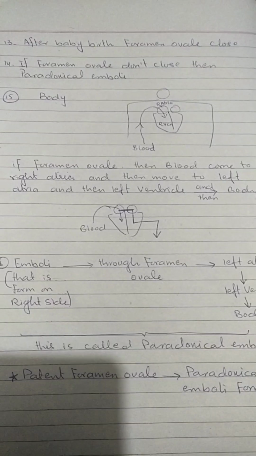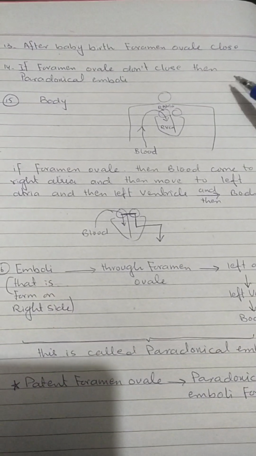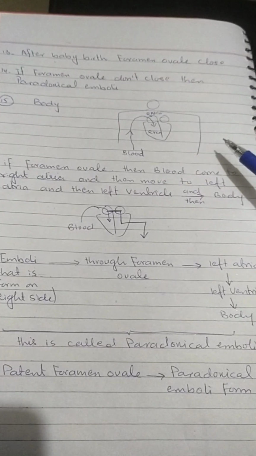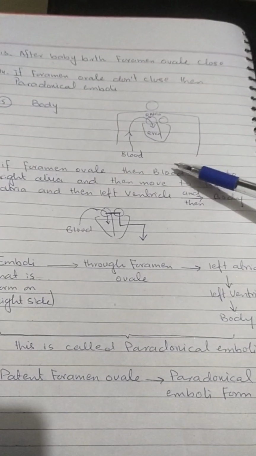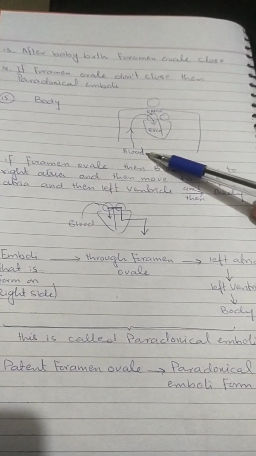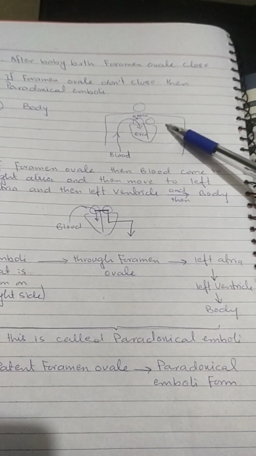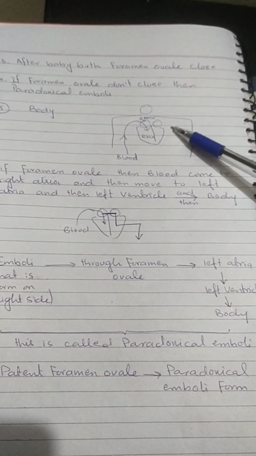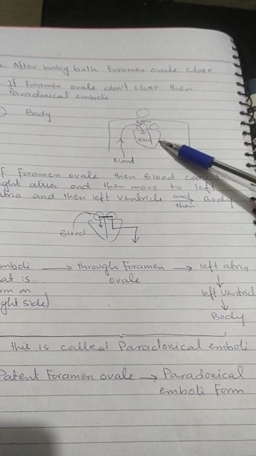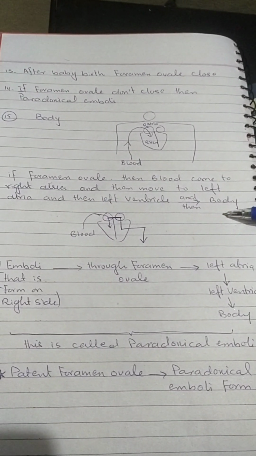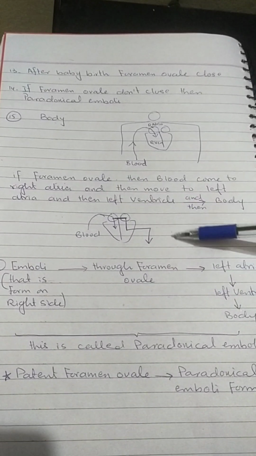After birth, the baby's foramen ovale closes. If the foramen ovale doesn't close, then paradoxical emboli occur. The blood will go to the right atrium and then move toward the left atrium, then to the left ventricle, and from the left ventricle to the body. Okay, so the blood will go like this.